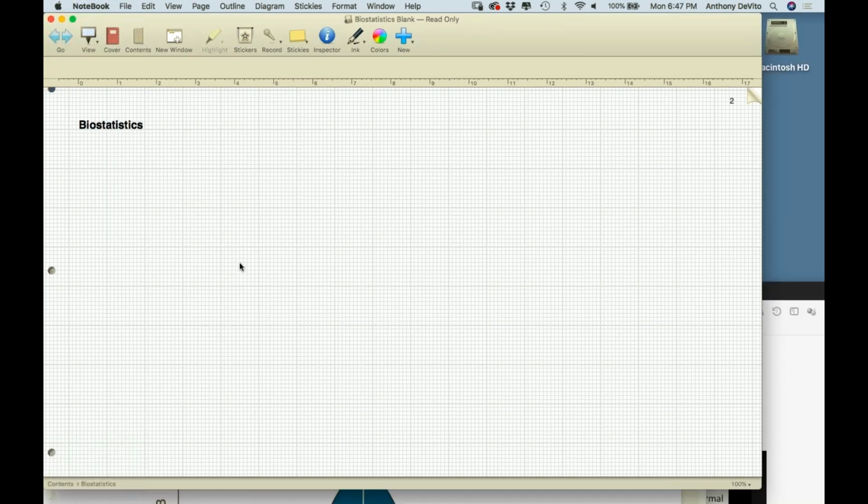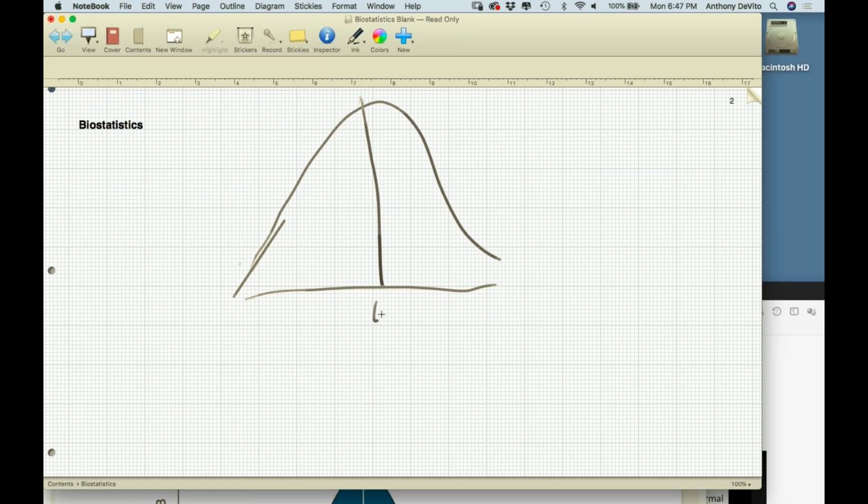Okay, so again, when I drew this distribution, and I described that the mean is 63 and the standard deviation is equal to 3, well, one standard deviation above the mean is going to be 66, and one standard deviation below the mean is going to be 60.